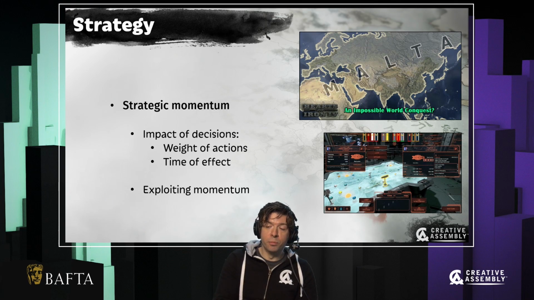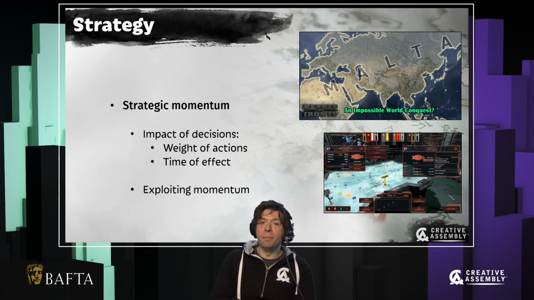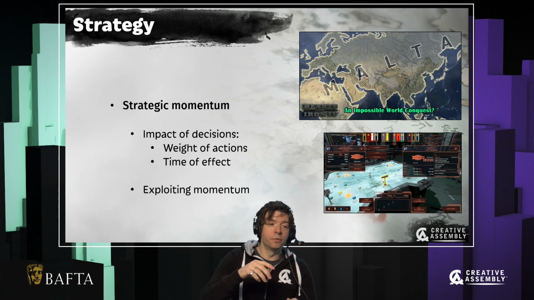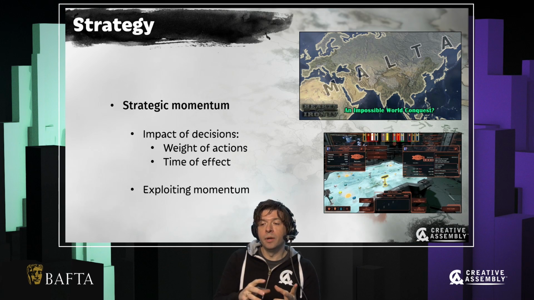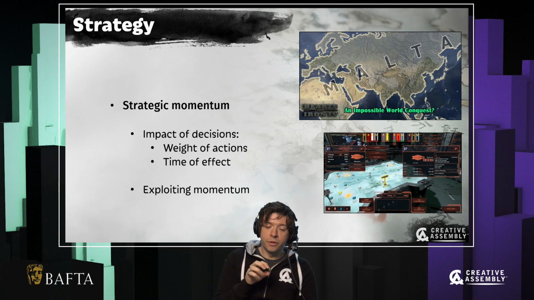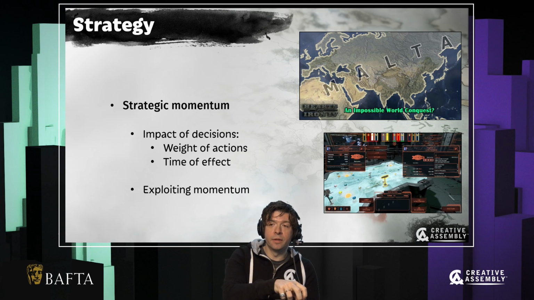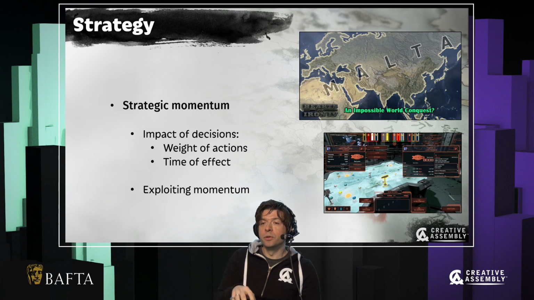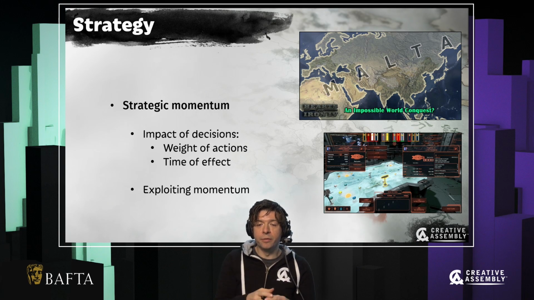And then finally, strategic momentum is about the impact of your decisions, both in terms of sort of the magnitude of the impact, but also the time over which this impact lasts and affects the game. A good example is Battlestar Galactica Deadlock, where you jump your fleets around sectors, but every time you want to jump again, you have to pay a penalty and extra fuel, and only if you stay in a position, this penalty will go down.